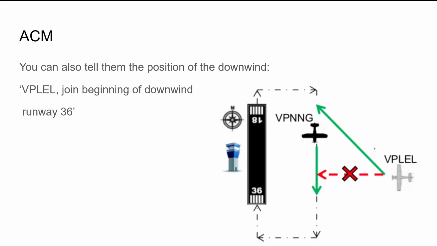You don't need to pass traffic information to Victor Papa November November Golf, because this guy is only joining the circuit. You can tell him that there is one other in the circuit. "Victor Papa Lima Echo Lima, join beginning of downwind runway 36, 1 traffic in the circuit," and that's all the information you need to pass. You should always pass how much traffic there is in a circuit though.